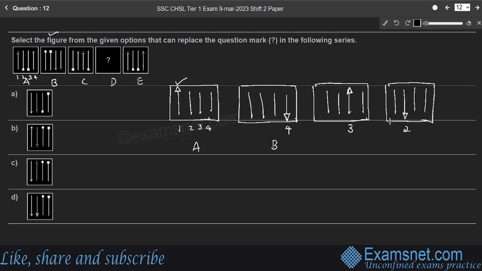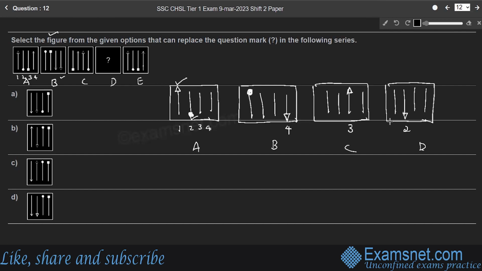Now consider the second line in figure A. The second line has a shaded circular portion, facing downwards. In figure B, its position is changed and the direction also is changed.